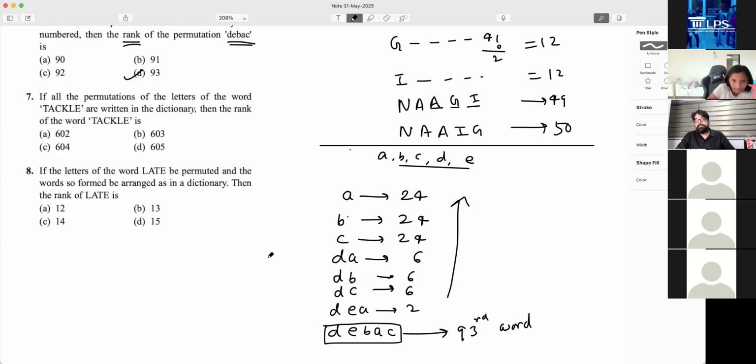Was incorrect. Same logic you have to apply, nothing great. Saket, correct.